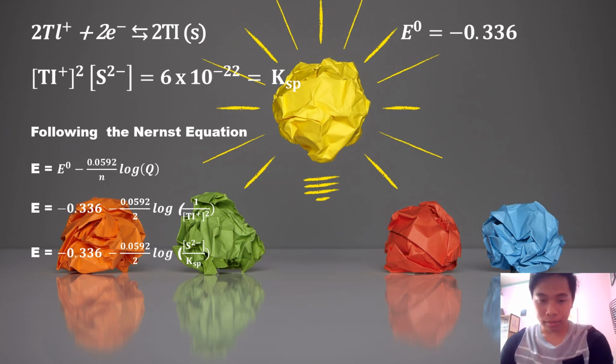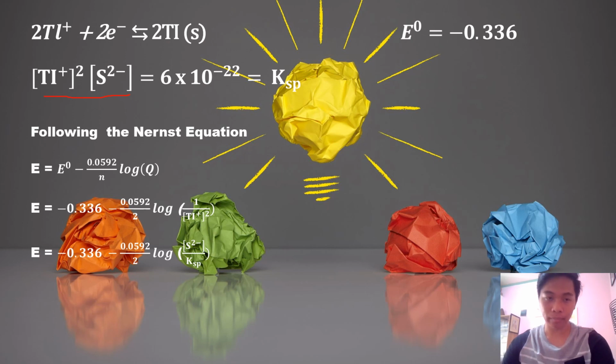Now, we do not have the concentration of thallium. However, if we rearrange the KSP expression, we can get sulfate 2 minus over KSP, which changes our equation into negative 0.336 minus 0.0592 over 2 times log sulfate 2 minus over KSP.